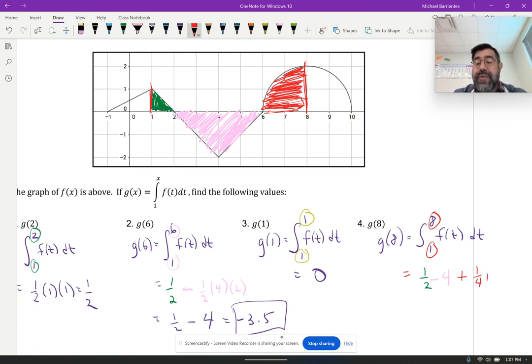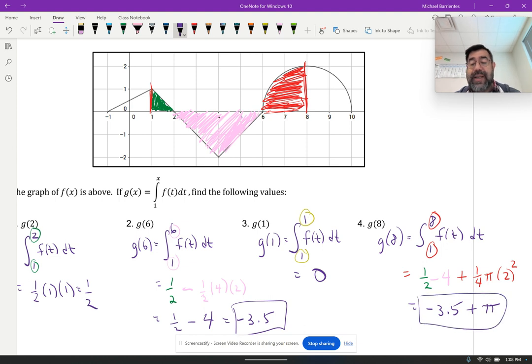So 1/4 pi r squared, but my r is 2. My radius is 2. So then my final answer is going to be negative 3.5, which we already knew with the first two put together, plus 2 squared is 4. 1/4 of 4 is 1, so then therefore it's just 1 pi. This would be the exact value of g at 8.